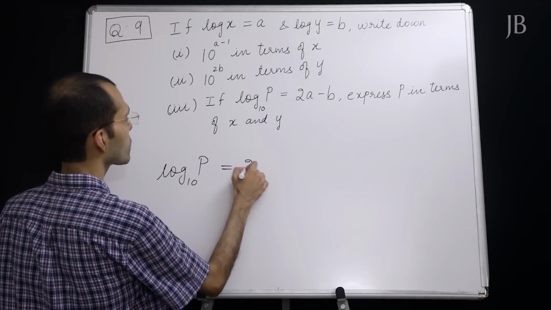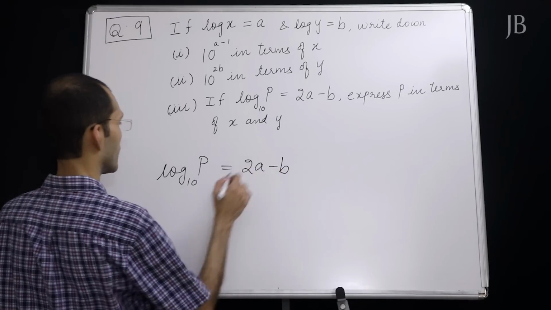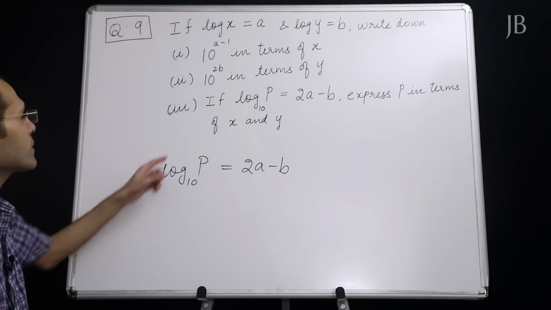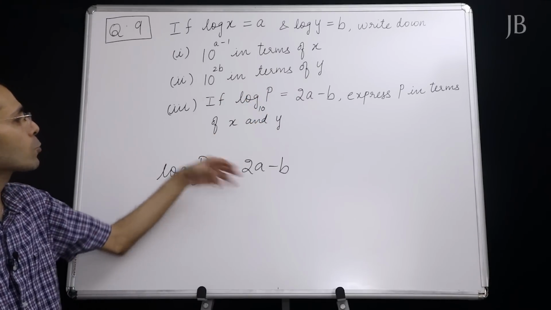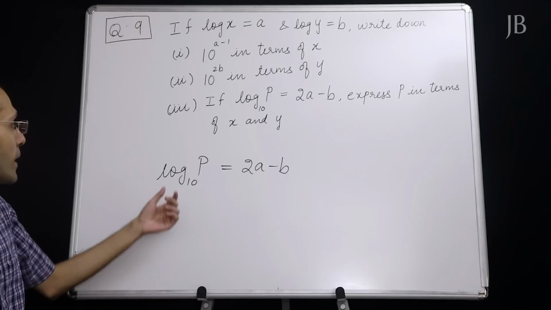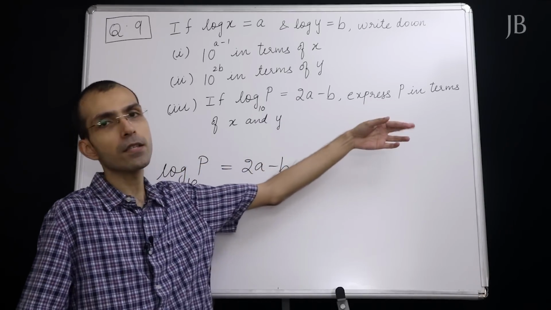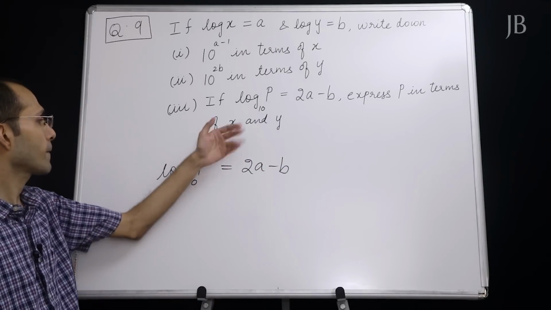This is given as 2a minus b. So what is given is log of p. P is not given. Log p is given as 2a minus b. Okay. Express p in terms of x and y.